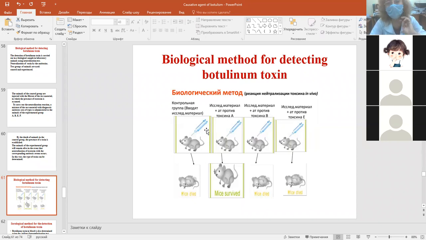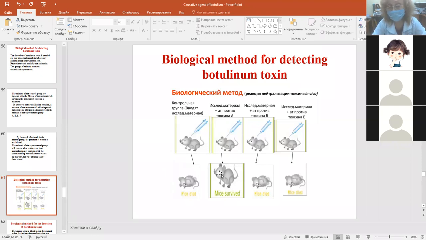But after we detect exactly what type of exotoxin is in this material, the treatment of the patient is done using monovalent antitoxic serum of the certain type. Maybe A, maybe B; in this case, we are talking about type A. Do you see? So it's life-important for the patient to detect what type of botulinum toxin is in the patient's body.